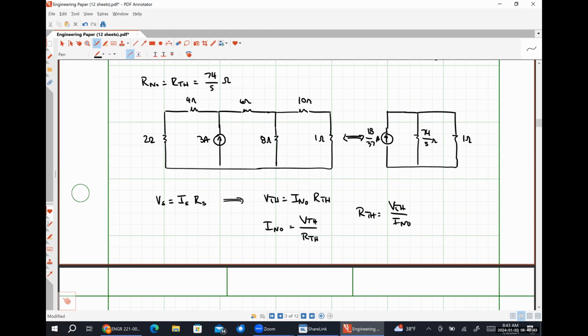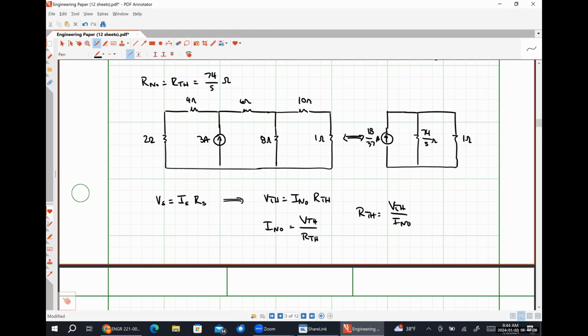So we can check this very easily because we know all three of these parameters, because we solved for them all, right? So just as a quick check here, 18 over 37 times 74 over 5 comes out to be 36 over 5, our Thevenin equivalent voltage that we found 20 minutes ago, right?